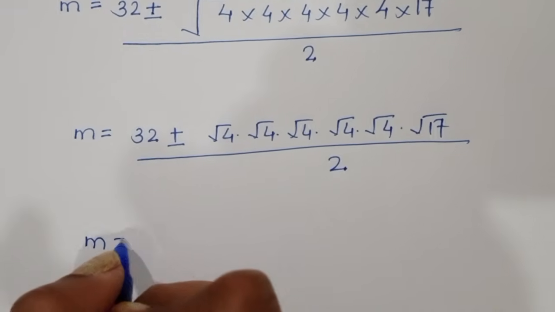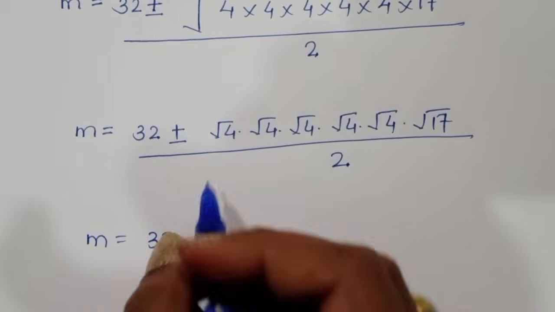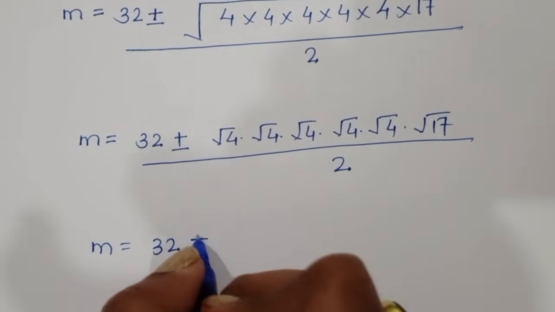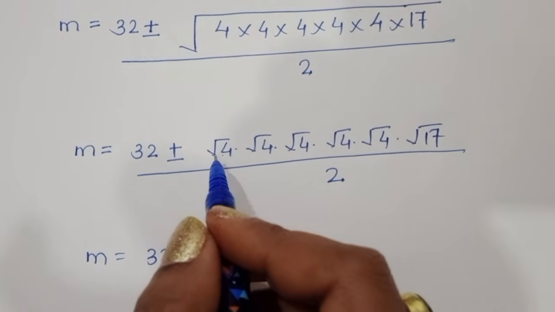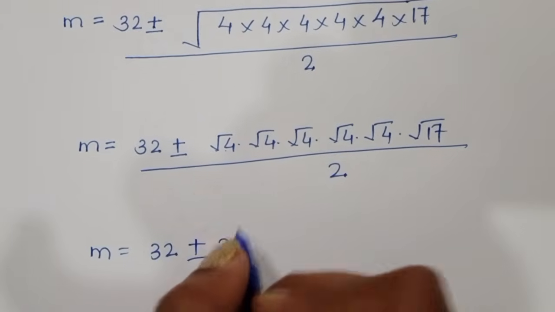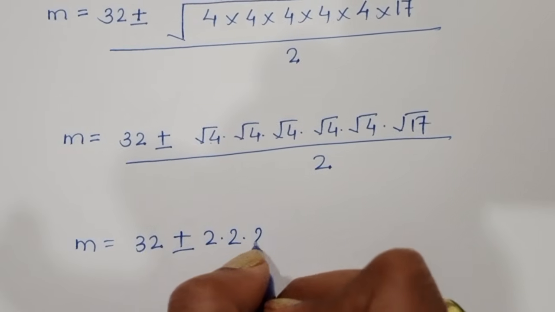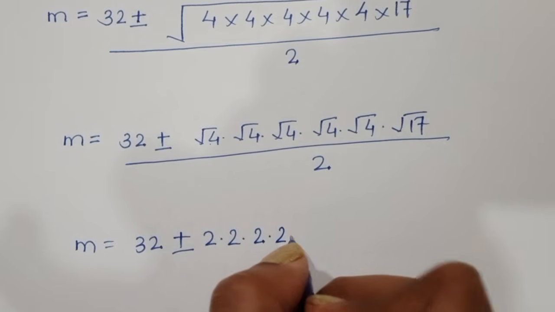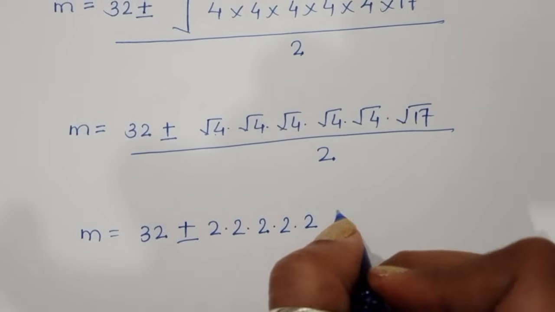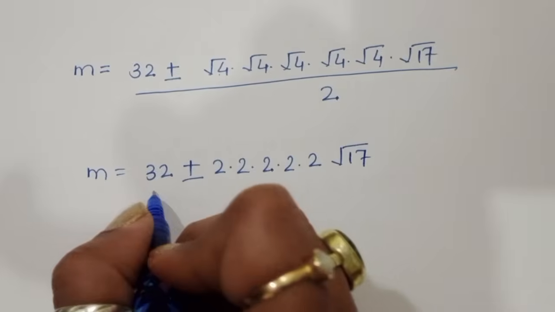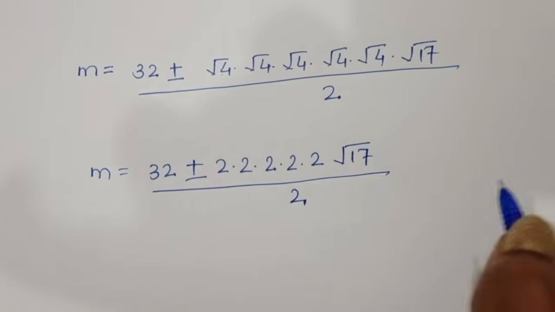Now m is equal to 32 plus minus, now square root of 4. So the value of square root of 4 is 2, 5 times 2, right? Square root of 17 divided by 2.